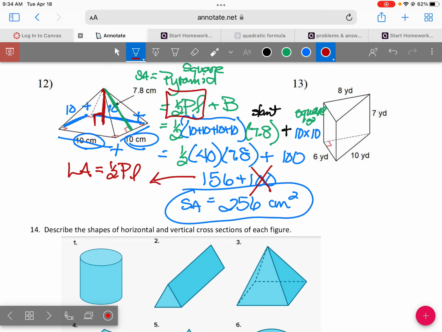And since we already calculated it, that would be 156 centimeters squared. So if you double check, pyramid 1/2 times perimeter times slant height, that's your lateral area. That's just the area of the sides without the base. I know they didn't ask you to find it, but I want to make sure you know that's what lateral area is. Any questions about number 12 in the surface area?